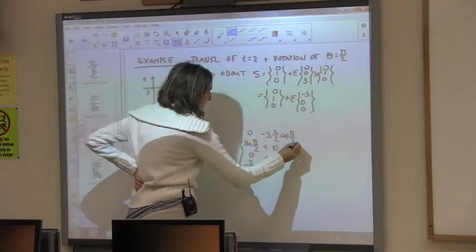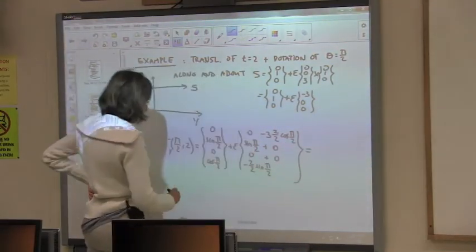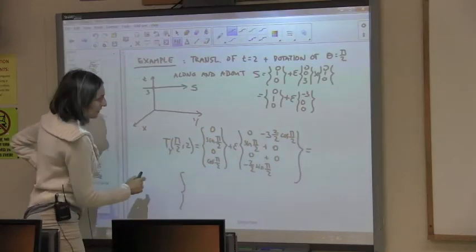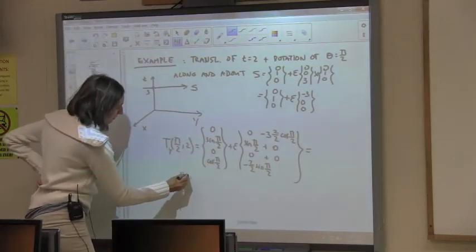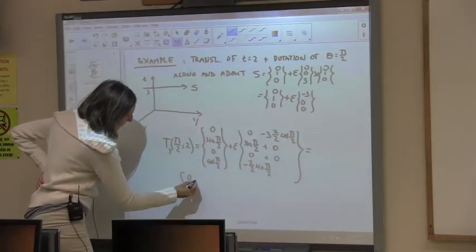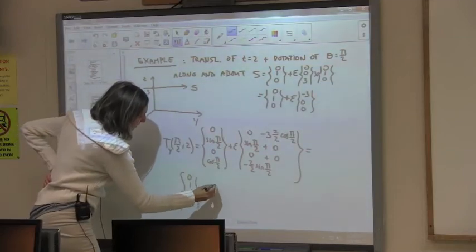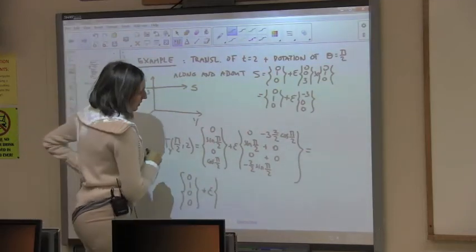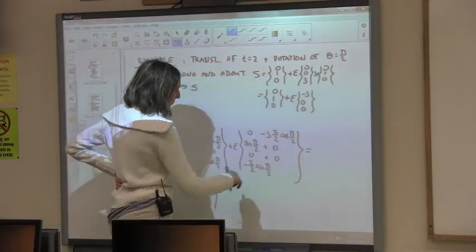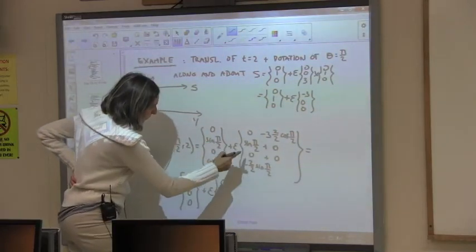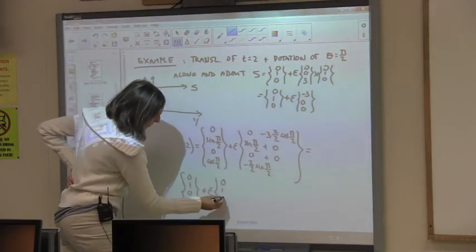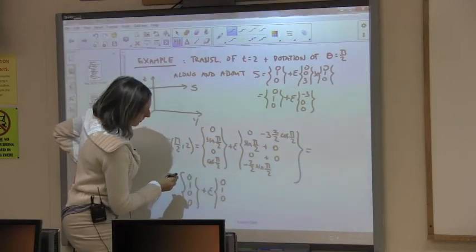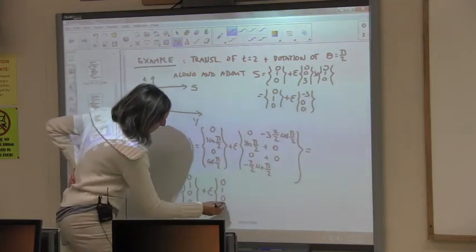Okay. You see, even the easy examples, you have to do them on the board. So 0, 1, 0, 0 plus epsilon, cosine of pi over 2 is 0, 0, 1, 0, minus 1.